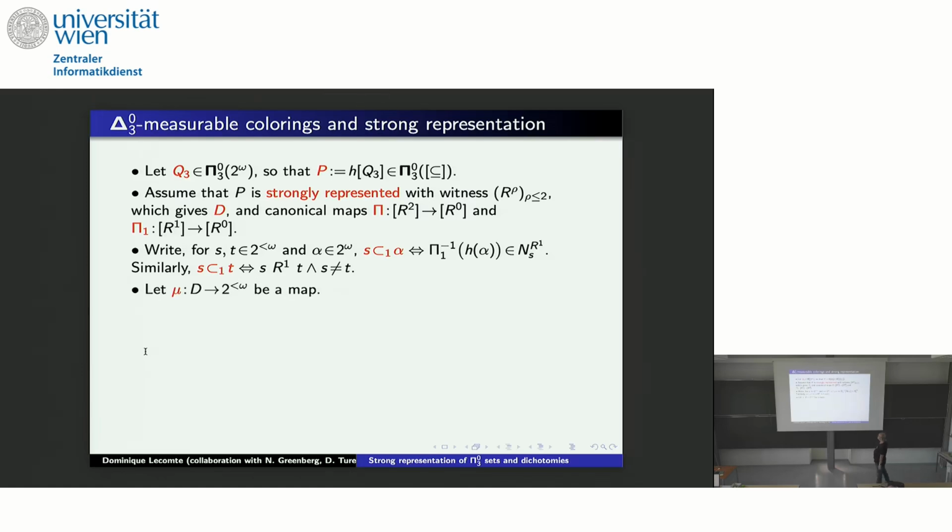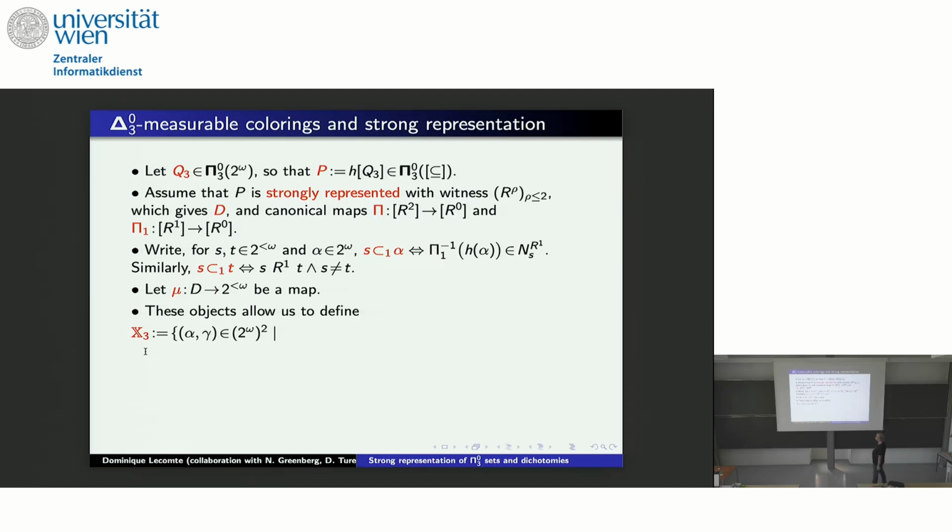And we need a map, which is a coding map that for the moment is completely arbitrary. So it's defined on D and takes values on finite sequences. So Q3 is arbitrary, mu is arbitrary, and the resolution family is arbitrary, but it's strong. So it's quite general. Now we're ready to define the good space, X3, and it is in 2 dimensions, in fact.